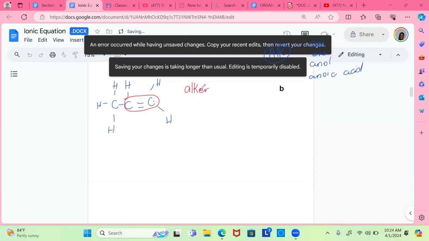Alkene. Good. So I've identified the functional group, and so I've identified the homologous series. Then I must count the number of carbons in the compound and replace the Alk with the prefix. So I'm counting the carbons. I get 1 carbon, 2 carbon, 3 carbon. Which prefix do we use for 3?